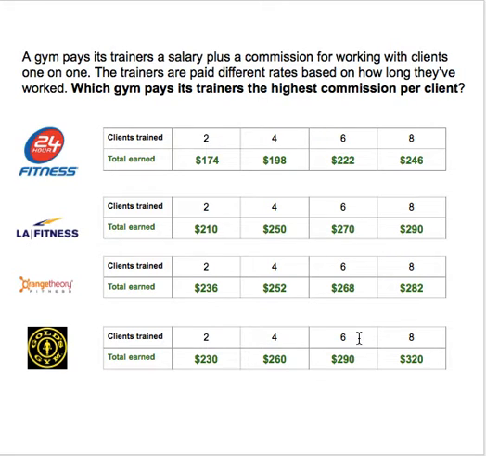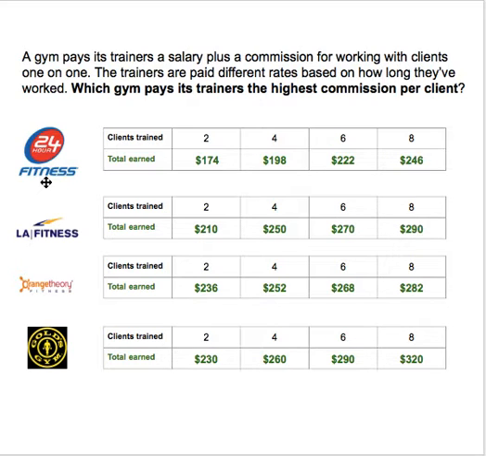So these numbers, you don't want to just look at the highest amount. It's the amount of commission. So that would be the X plus. So they all start at different amounts of money that they get for just being there, for working there. Okay?